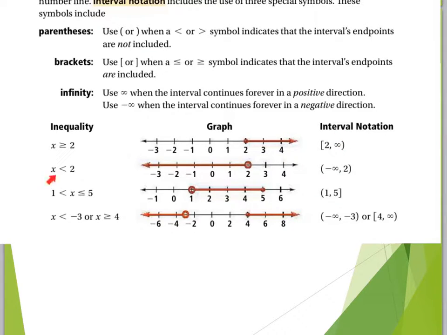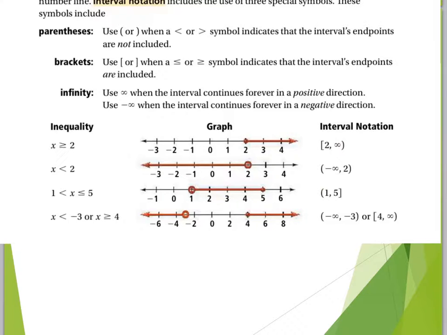Likewise, if I have x is less than 2, the open dot, notice no equal part, the open dot gets parentheses. It goes on forever to negative infinity to the left, also parentheses. So again, this one is a filled in dot at 2 heading to the right forever. Open dot at 2, heading to the left forever. That's what interval notation does for us.